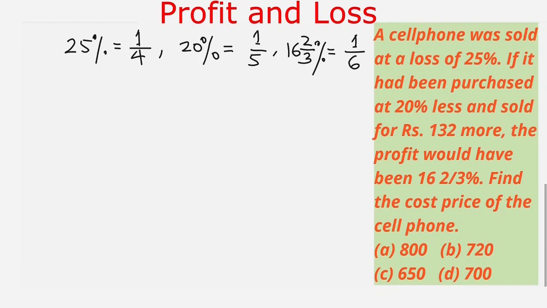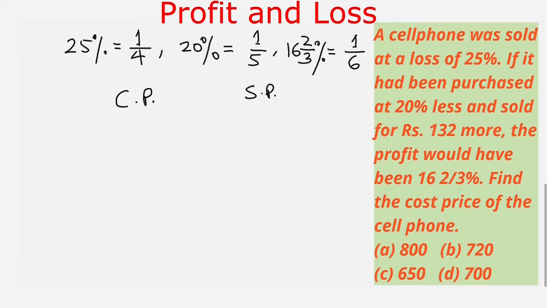We should assume the number which is the LCM of 4, 5 and 6, and the LCM of these three numbers is 60. So we assume cost price to be 60. Here if we assume 60, then we will not be facing any fractional number in calculation.